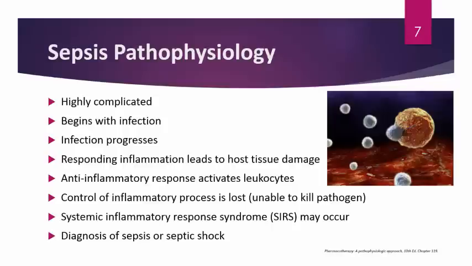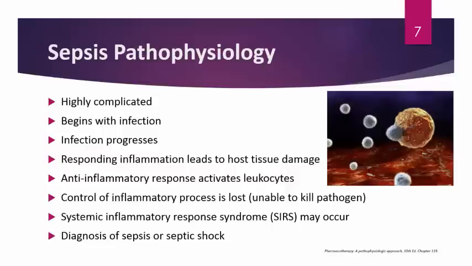What happens once that infection progresses is that you may have some inflammation as a response that leads to some host tissue cell damage. Now, once you have any kind of tissue damage, your immune system will want to be activated. So you'll have some kind of anti-inflammatory response that will activate your immune system, such as your leukocytes.